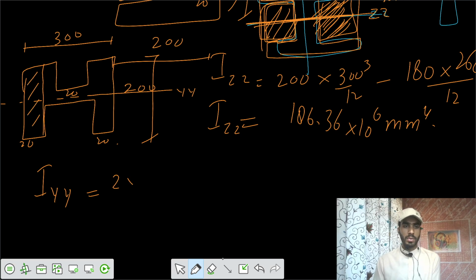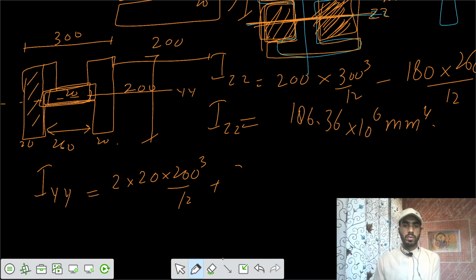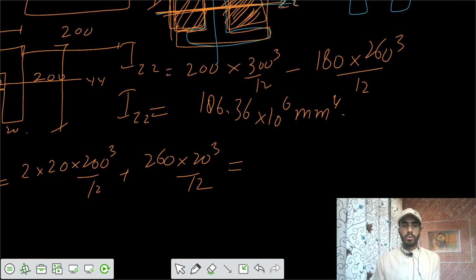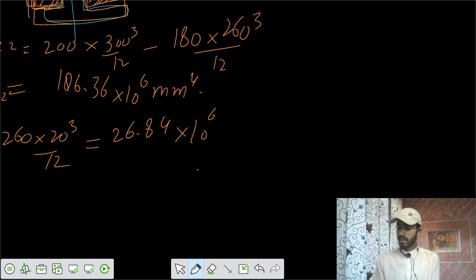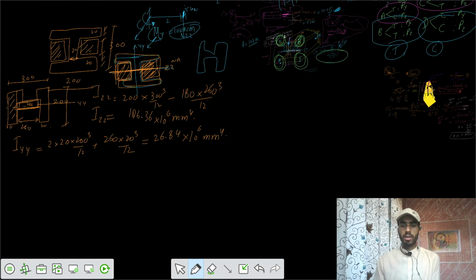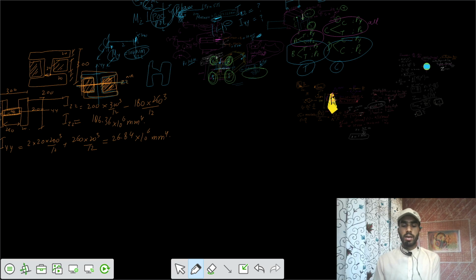So we write 2 times 20 into 200 cubed by 12, plus we have one rectangle of dimension 20 for a length of 260. So we write 260 into 20 cubed by 12. So the value of Iyy would be 26.84 into 10 to the power 6 mm to the power 4. So finally we got Iyy and Izz also.